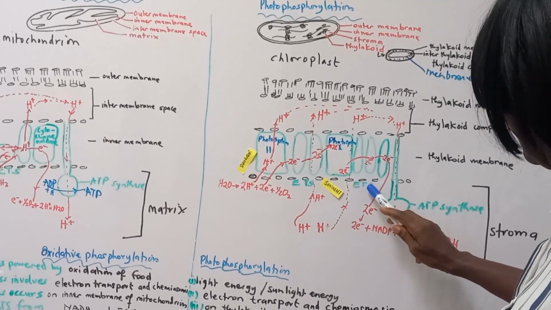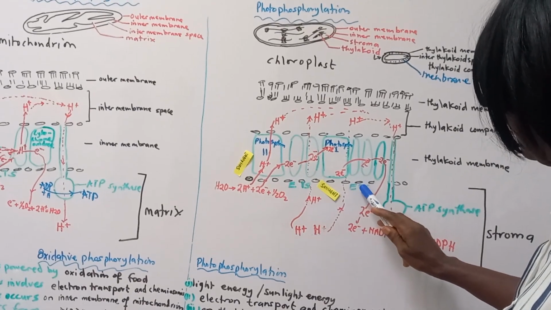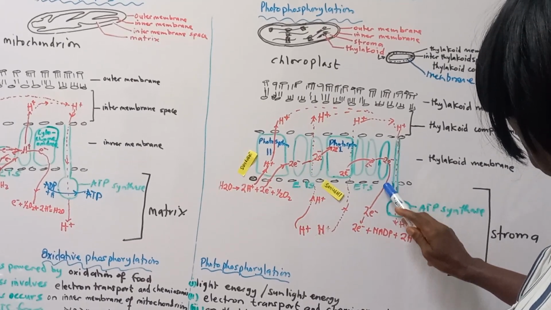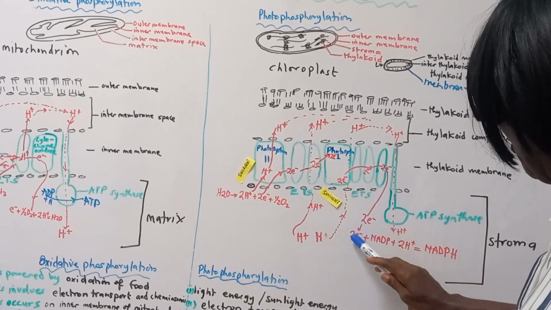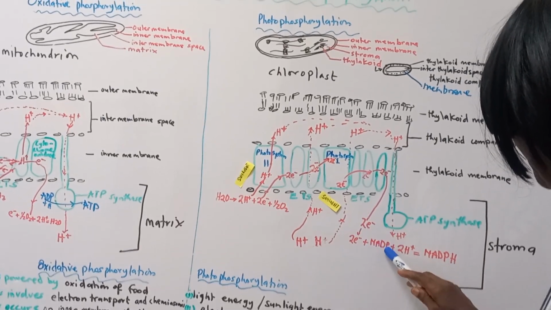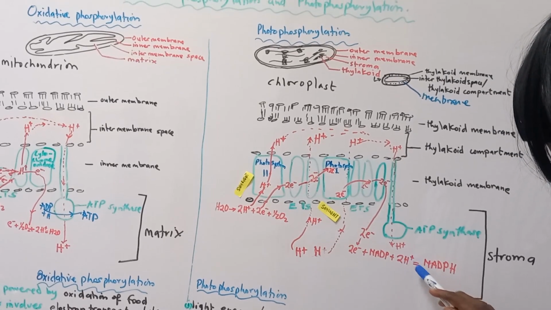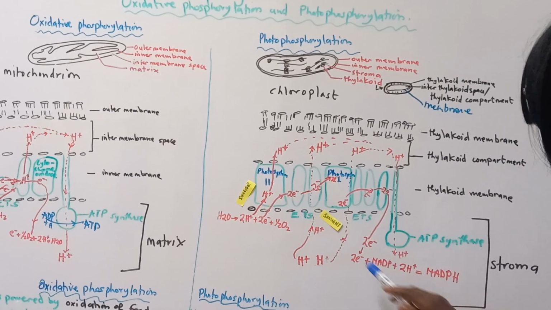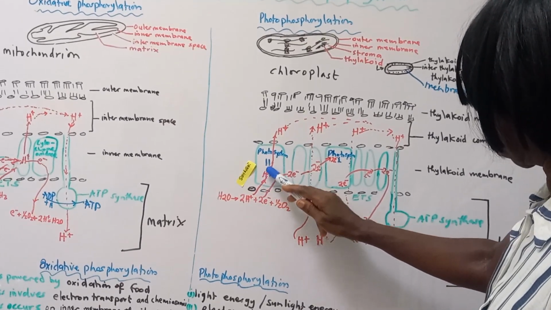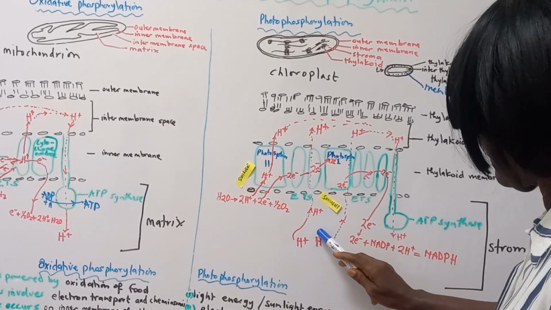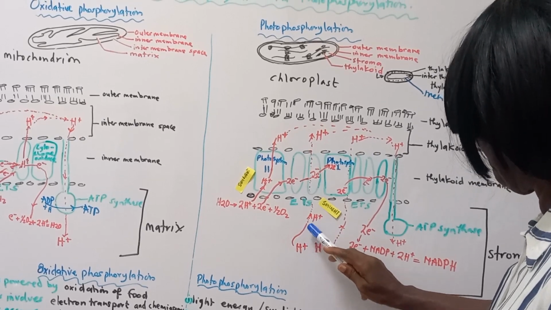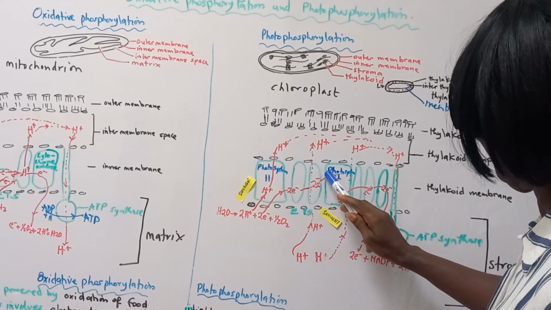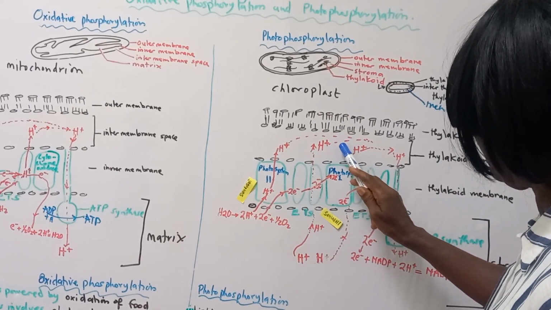That is the ETS, the electron transport system. Going through the electron transport system, the low-powered electrons combine with NADP plus hydrogen ions to form reduced NADP here. Well, the hydrogen ions from the photolysis plus hydrogen ions that are pushed from the stroma into the membrane and finally into the intermembrane space.